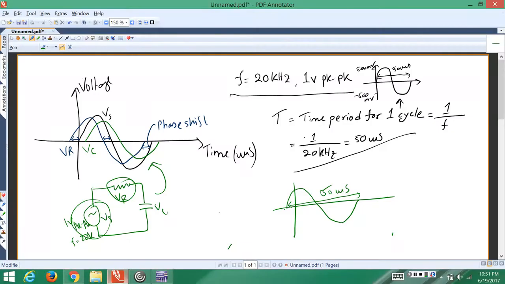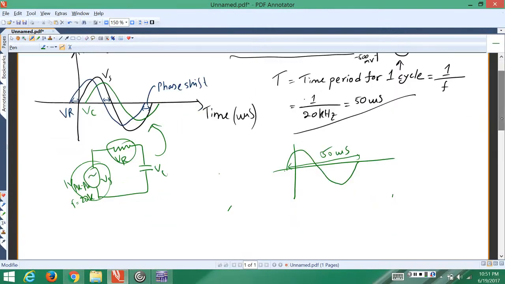So going back to how I should measure the time difference, the phase difference. I know that on the oscilloscope screen, 50 microseconds represents one cycle, which means 50 microseconds represents 360 degrees.